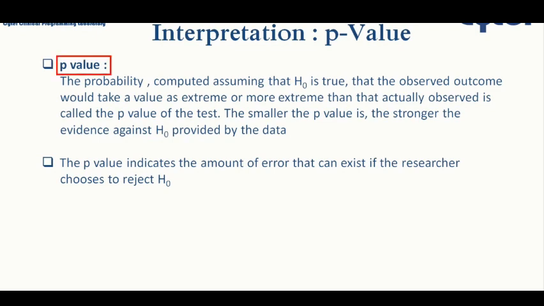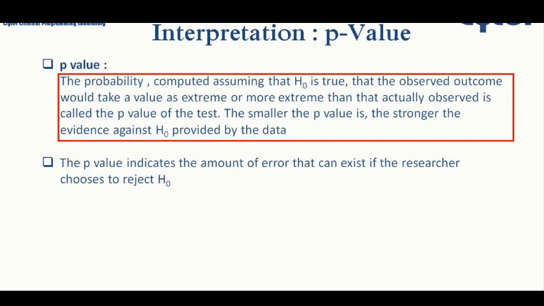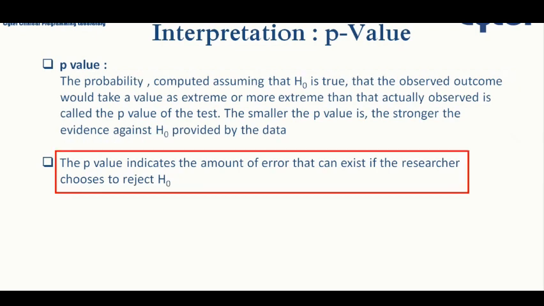The definition or the interpretation of the p-value is the probability, computed assuming that H naught is true, that the observed outcome would take a value as extreme or more extreme than that actually observed. This is called the p-value of the test. This is easier to understand. The p-value indicates the amount of error that can exist if the researcher chooses to reject H naught on the basis of his sample.